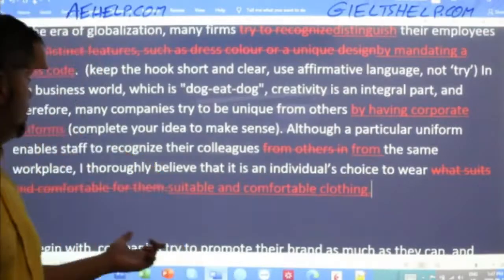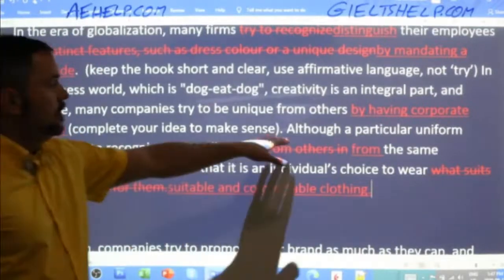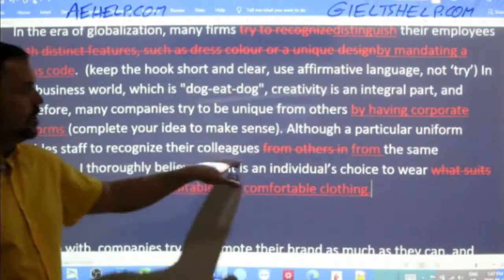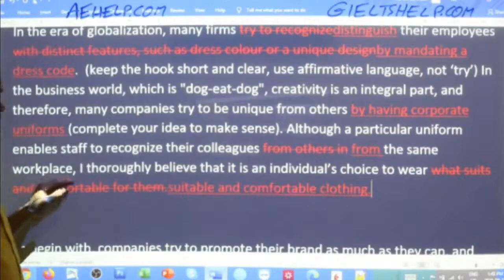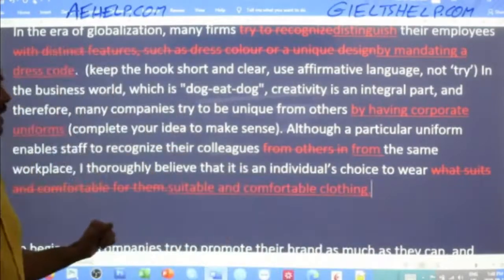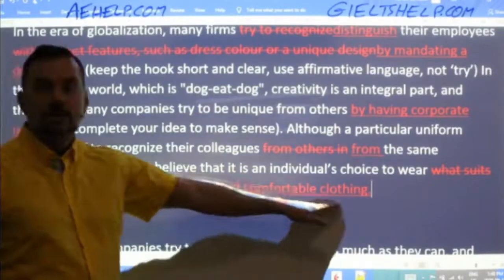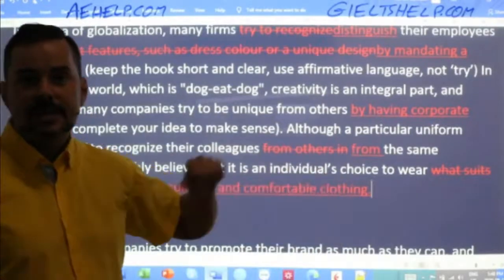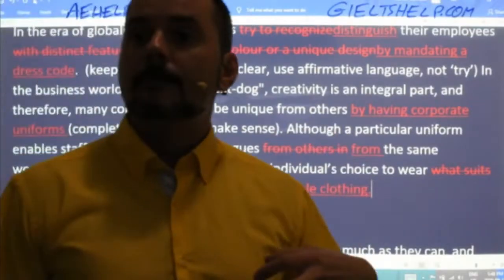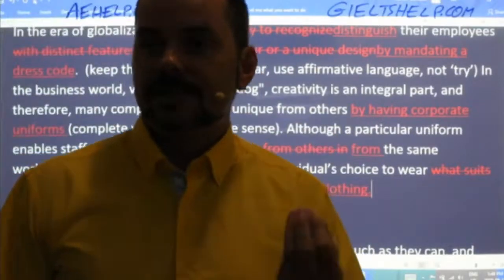So now the thesis reads as, although a particular uniform enables staff to recognize their colleagues from the same workplace, I thoroughly believe it is an individual's choice to wear suitable and comfortable clothing. That's how that thesis reads now. I'm sure most of you will realize that it's much clearer while having the same information.